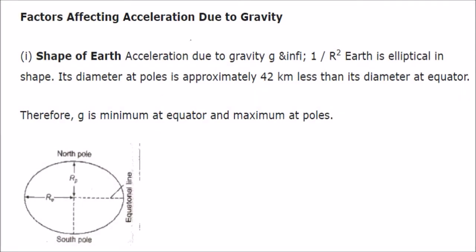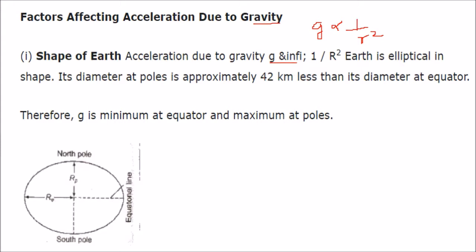What are the factors which are going to affect the gravity? First is the shape of the earth. This g is directly proportional to 1 by R square, as we have known. Earth is not a proper sphere. It is elliptical in shape, and the earth crust is also not very smooth.